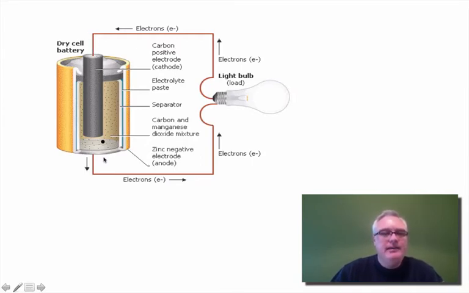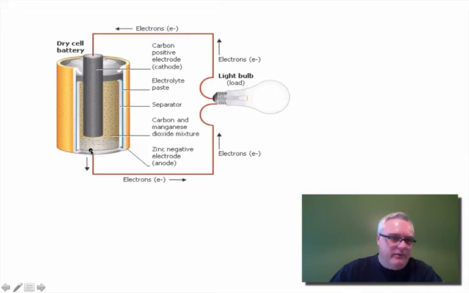If we connect the two plates, we create what's called an electric circuit. We get electrons flowing from the negative to the positive plate, and those electrons can pass through a device, in this case a light bulb, and they give up some of their energy to power the light bulb.